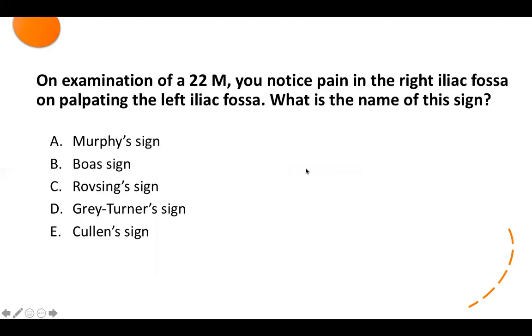So I've got a question for you guys. On examination of a 22-year-old male, you notice pain in the right iliac fossa on palpating the left iliac fossa. What is the name of the sign? So why don't you guys have a guess? Yeah, so that's correct.